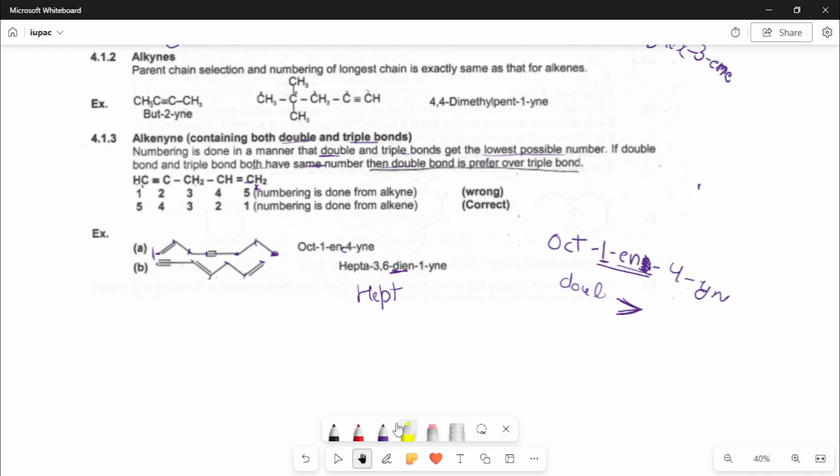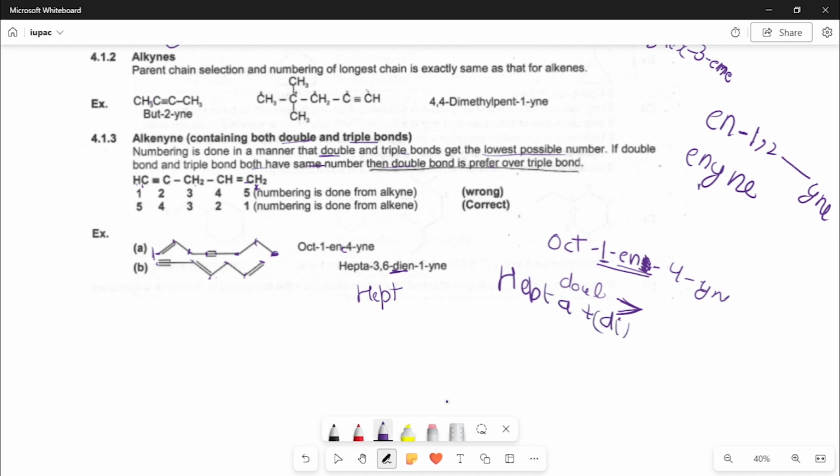Hmm, I messed up a bit. Yeah, so it was ene-yne, whatever the numbers are, 1, 2, 3, whatever. And for here, hepta was a plus di. Whenever it's di or tri or tetra or whatever, an a would be added, okay?